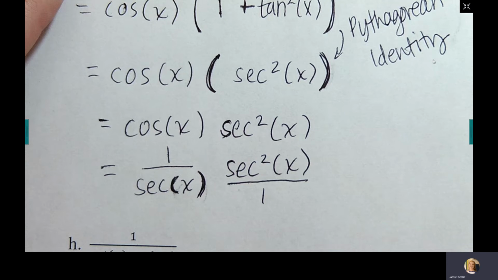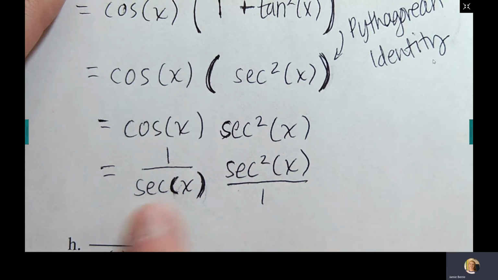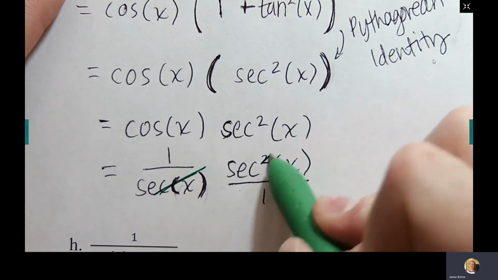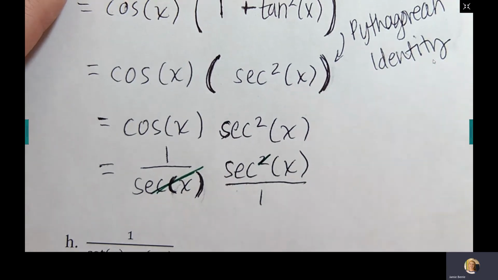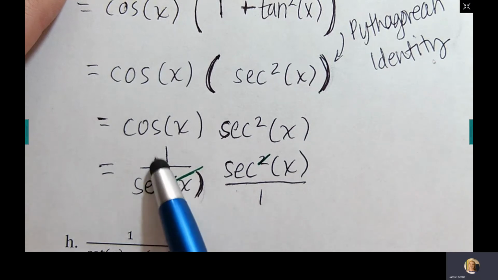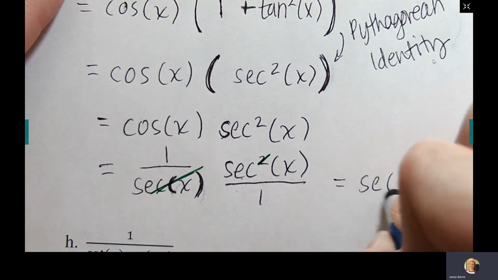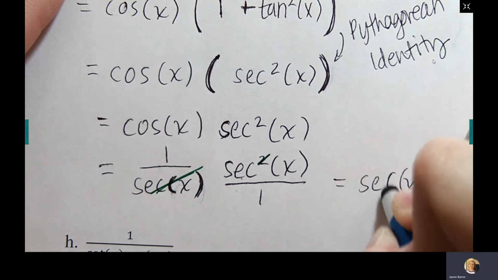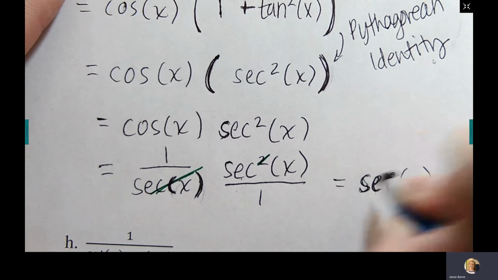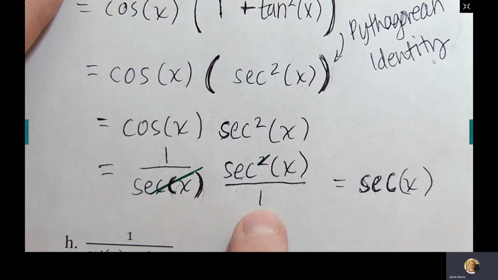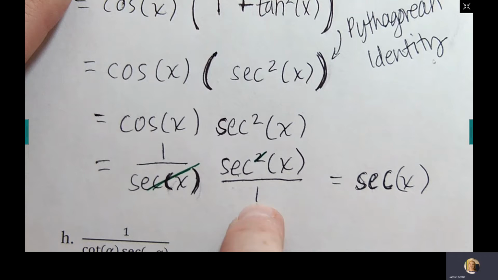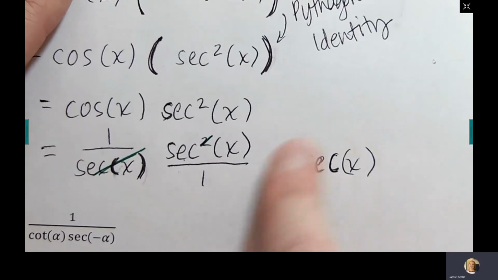That way it'll help me cancel. So secant cancels with one of these secants here. That knocks it down to just a regular old secant, not secant squared anymore. All right, so 1 times secant x in the top gives me secant x. Canceled out everything in the bottom. This was just a 1. This is a 1, so I don't have to worry about my denominator. And this is as simple as you can get, so we can stop here.